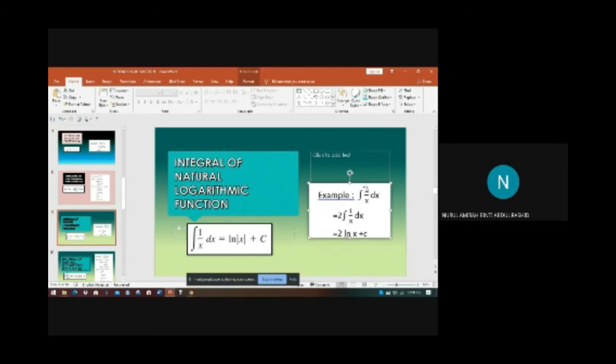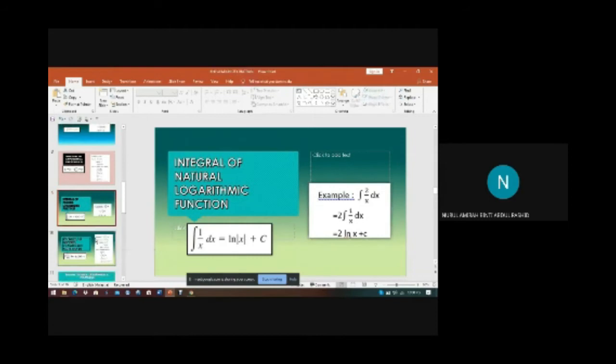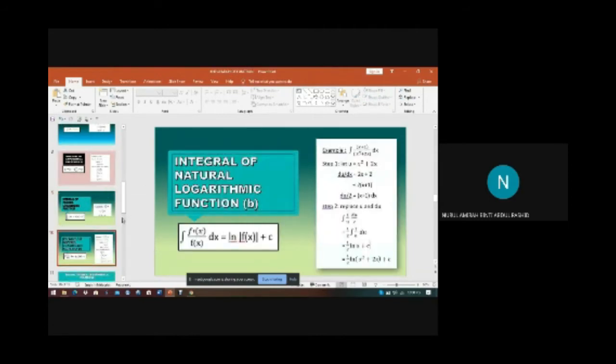Again, we just move the constant number 2 into the front, and we get 2 times the antiderivative of 1 over x dx, and the final answer will be 2 ln x plus c. Okay, actually the x here must have the absolute value. Okay, sorry. Okay, next slide.